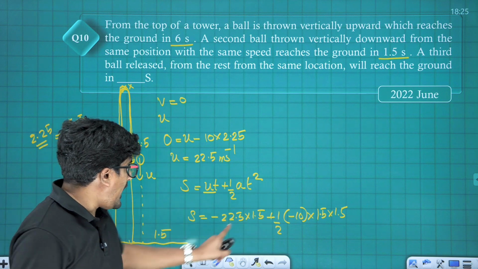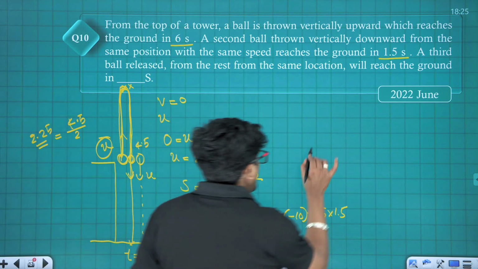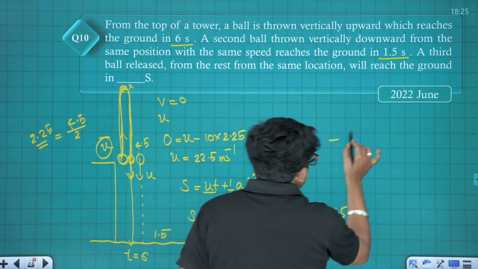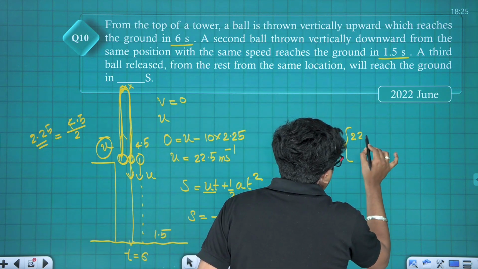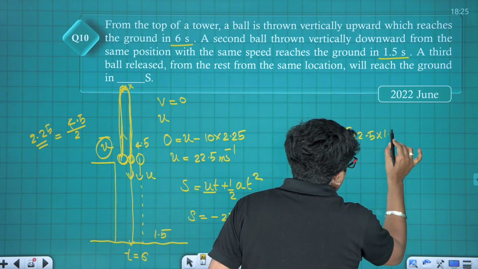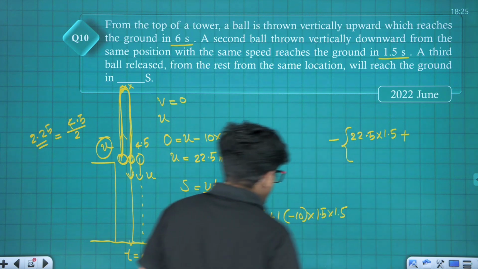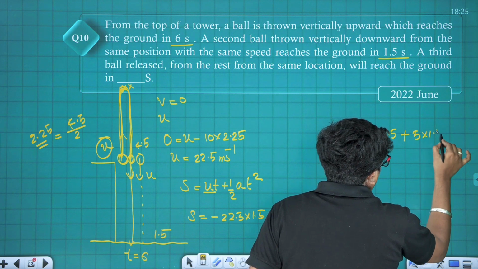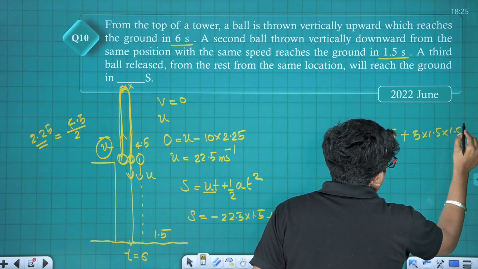Now here I have a minus common, so that will come out. So minus of 22.5 into 1.5 plus 5 into 1.5 into 1.5.